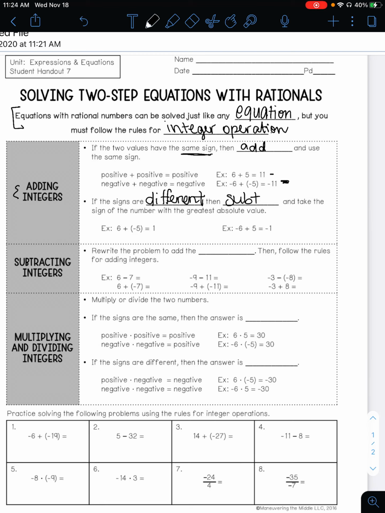Now, if your signs are different, that's when you subtract and you take the sign of the number with the greater absolute value.